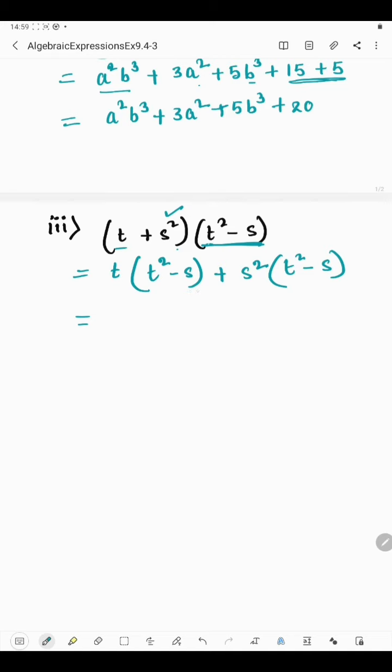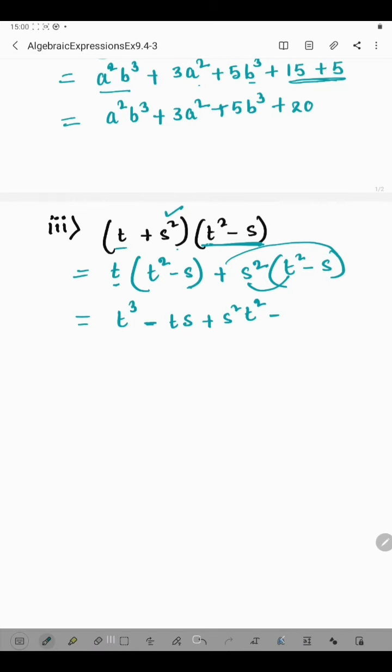Okay, now we will multiply this. Now t into t square, here t is 1 and here t is 2, so it's t to the power 3, minus t into s is ts or st, same. Okay, now plus a square into t square is a²t². Then we have minus: plus into minus is minus.